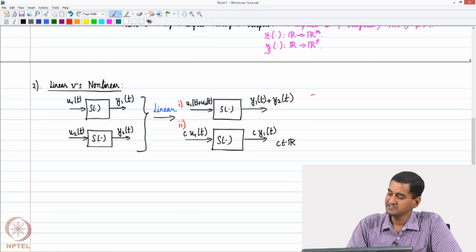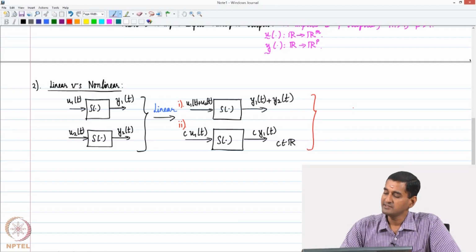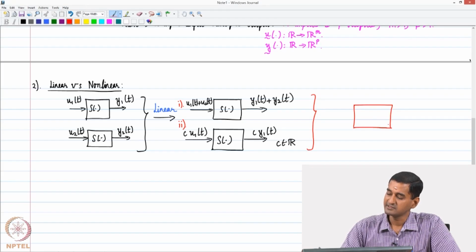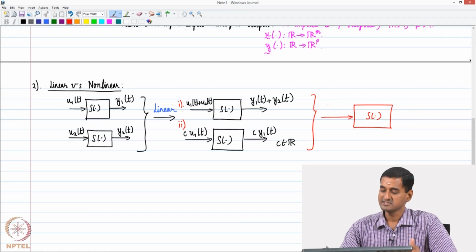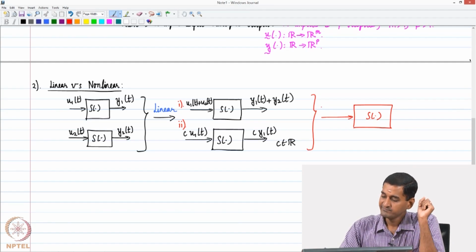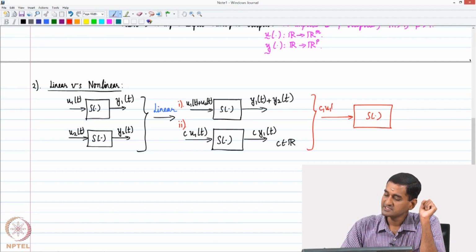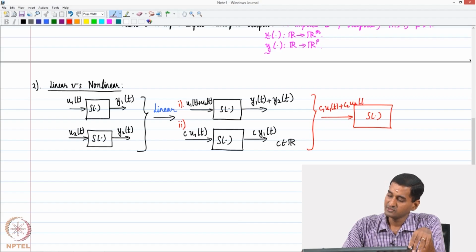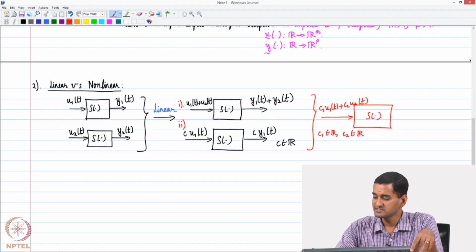The same definition can be rewritten in this way. So, let us say I have a system S, the same system S, and let us say I provide an input which is an arbitrary linear combination of u1 and u2. That means that I am providing an input like C1 u1 of t plus C2 u2 of t, where C1 and C2 are two real numbers.